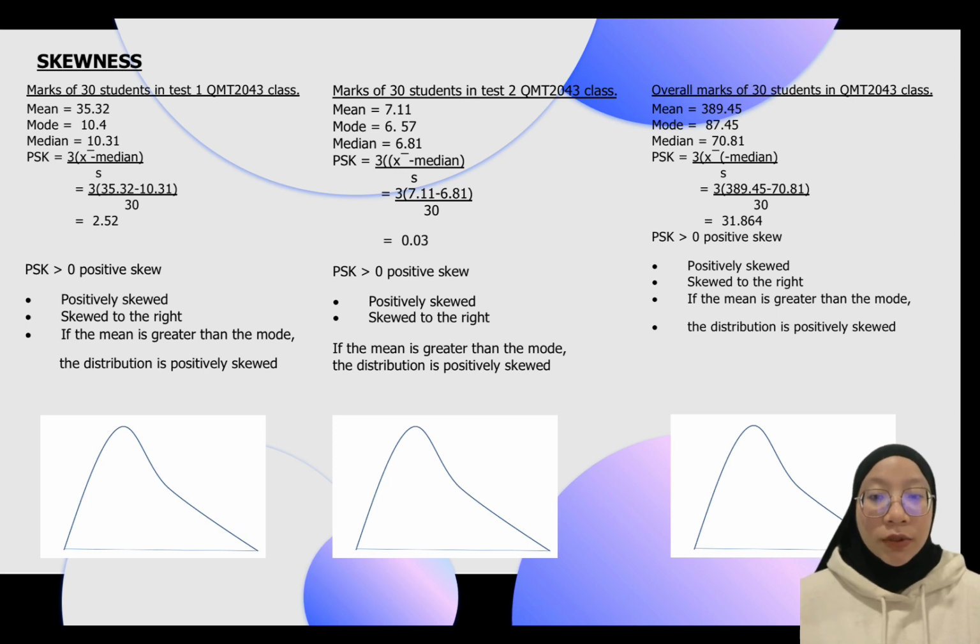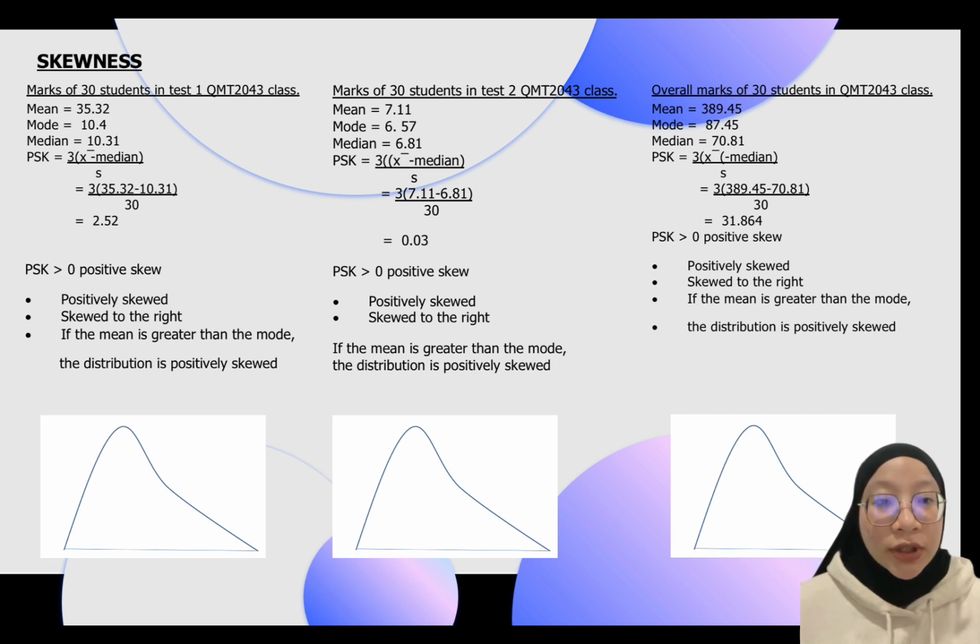So number 3, the last, is the overall marks. We find the mean, mode, and median. The mean we got is 389.45, the mode is 87.45, and the median is 70.81. With the same formula, we calculate 3 multiplied by 389.45 minus 17.81, per 13.